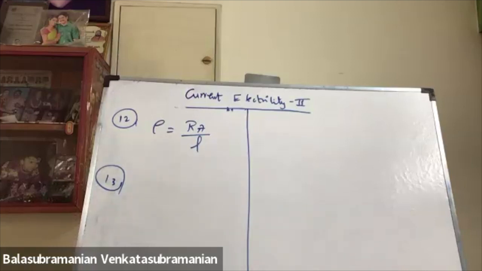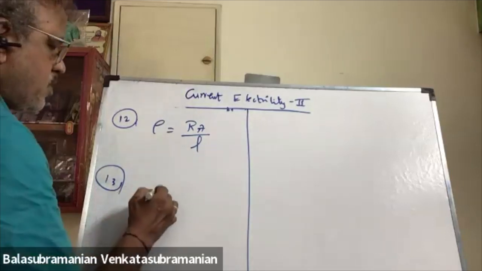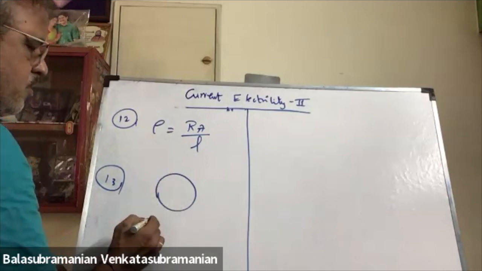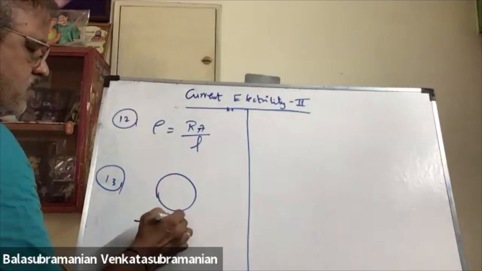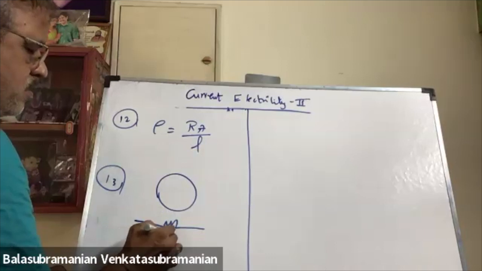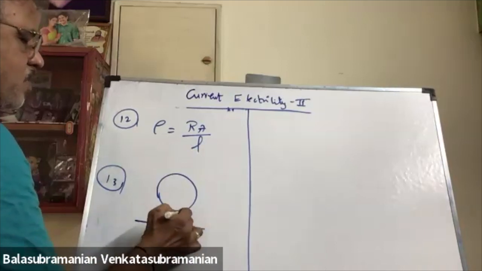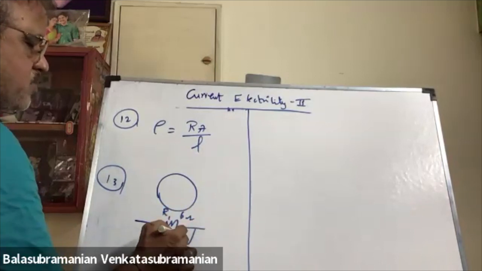Bent in the form of a circle, each half is 6 ohms. R1, R2, total 12 ohms, so this is 6 ohms each.